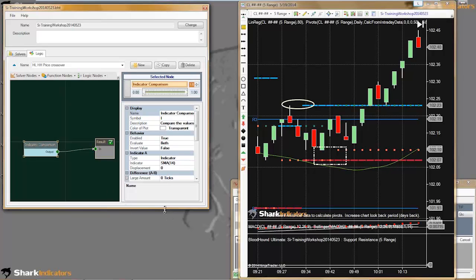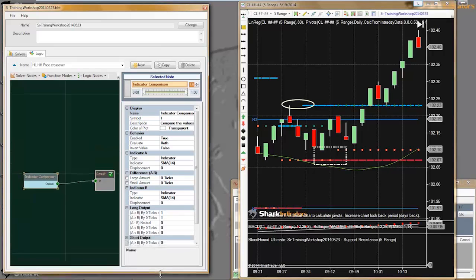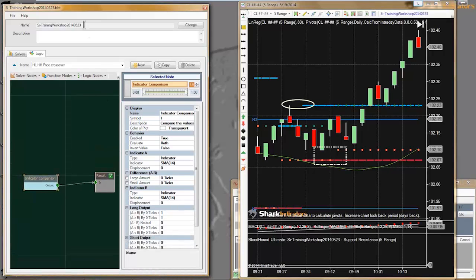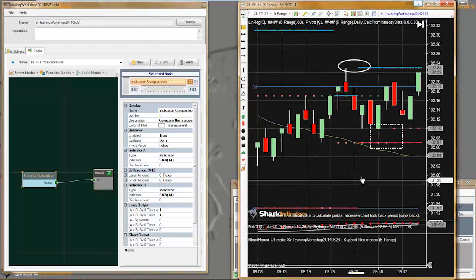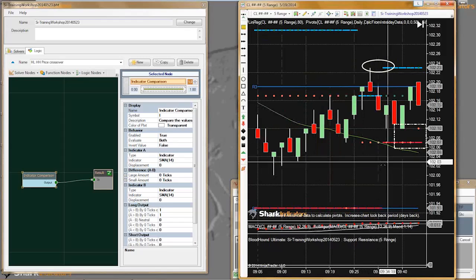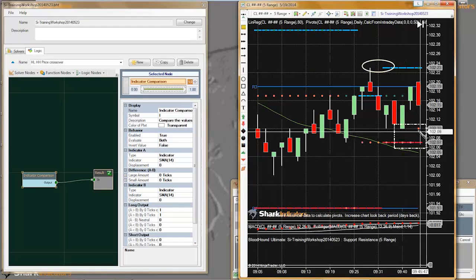So what I'm going to do now, I'm using the comparison solver in a slightly different way than how I explained it earlier. What I'm going to be doing is comparing, let me scroll the chart over here, this dot. Let's pretend this is the current bar on your chart.